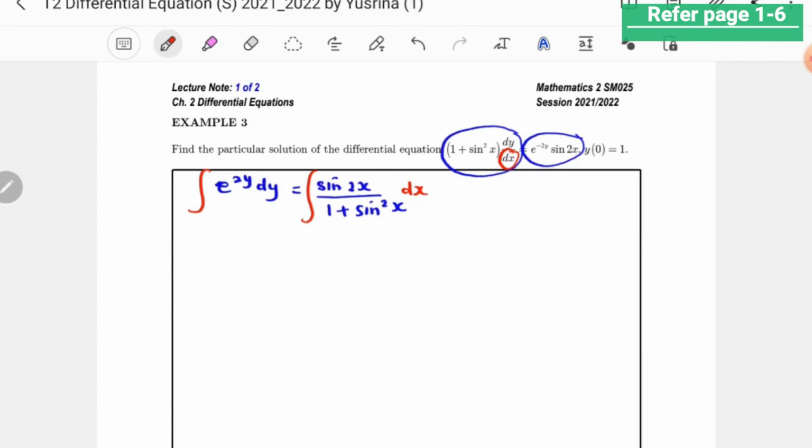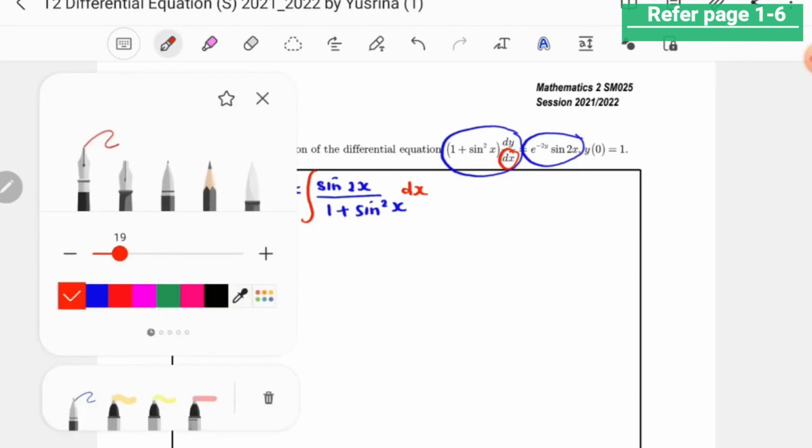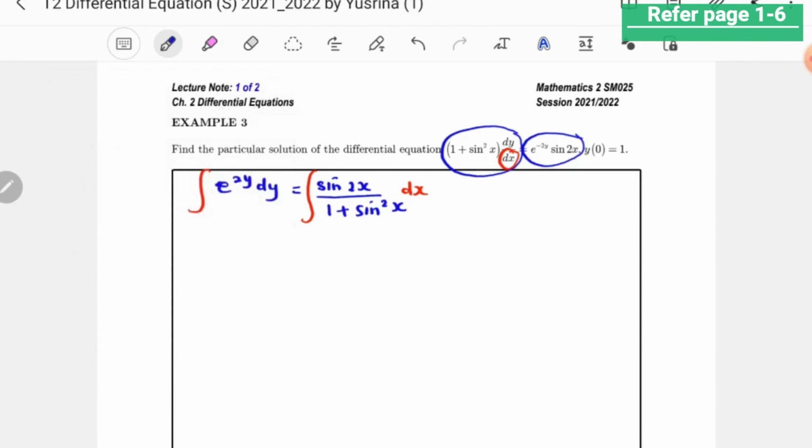For the left hand side, we integrate e to the 2y, we get e to the 2y over 2, equals to integrate sin 2x over 1 plus sin squared x dx. Maybe you can use the substitution method or you can use the formula: the integral of f prime x over f x gives ln f x.